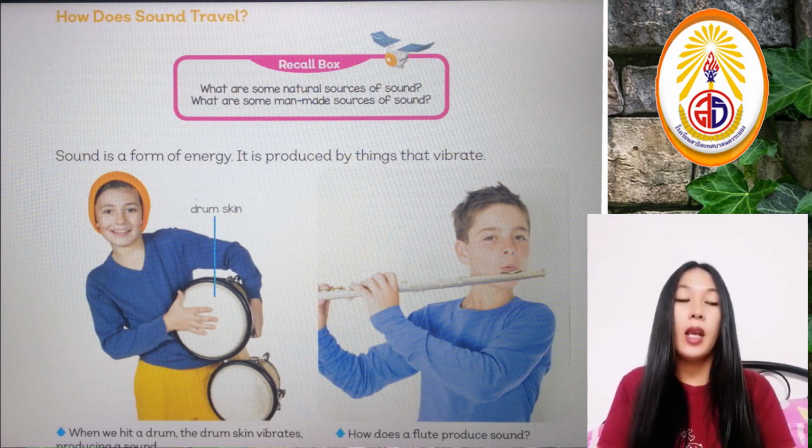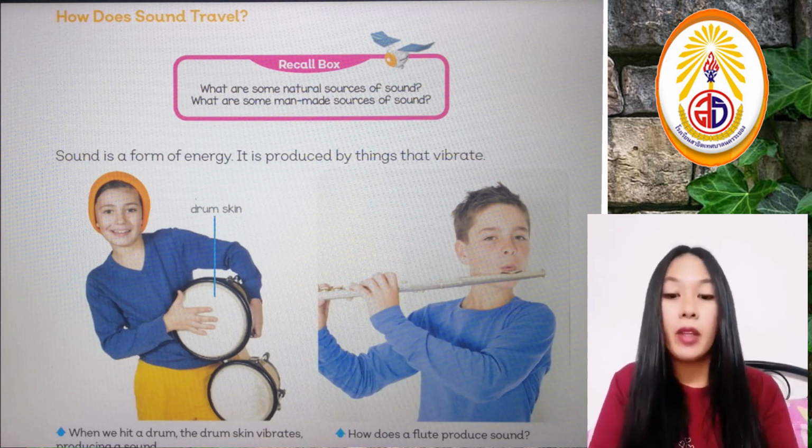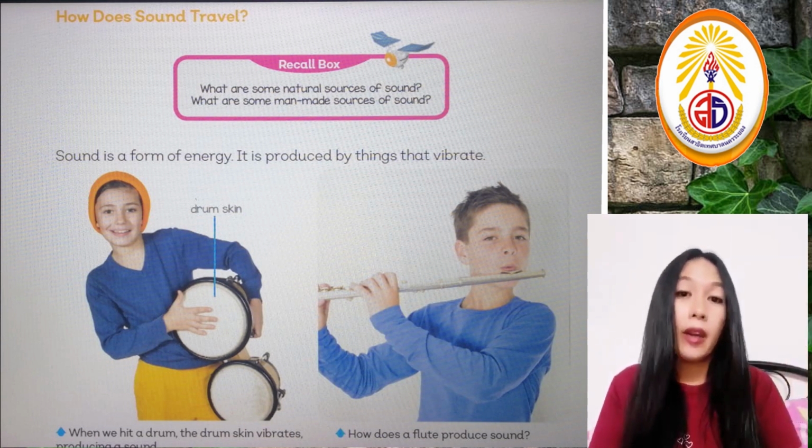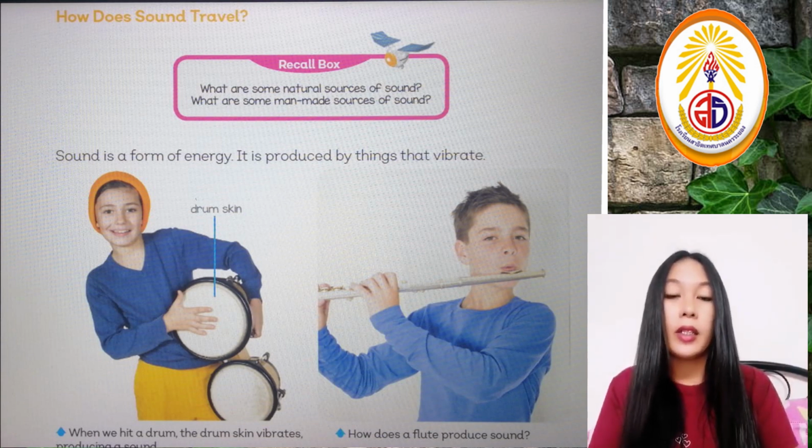So the sound of the flute is created through the vibration of air that we blow on the hole, and then the musician actually uses the holes in the flute to shorten the vibrating air column so that it can create a low-pitched sound or high-pitched sound.